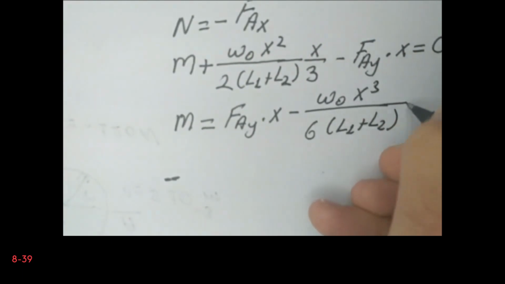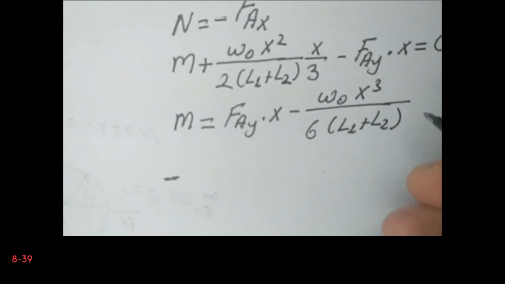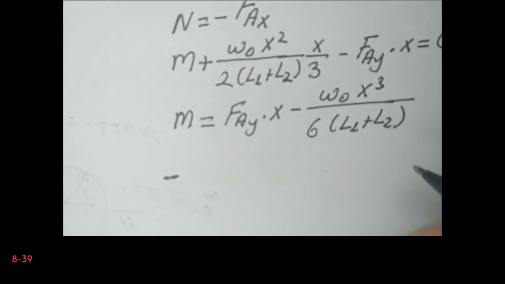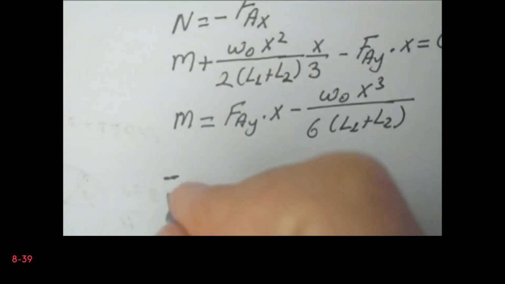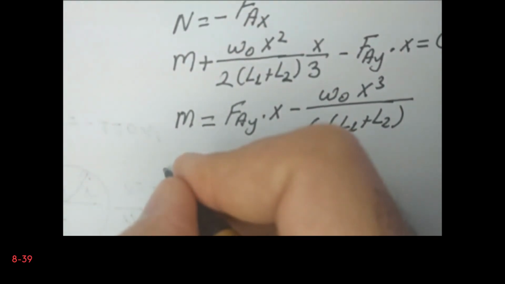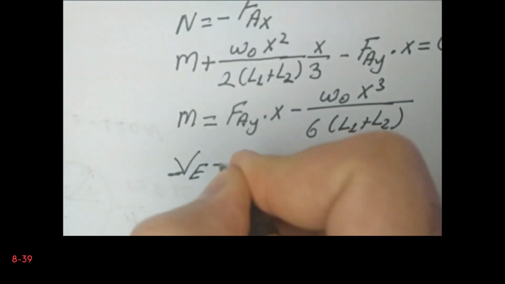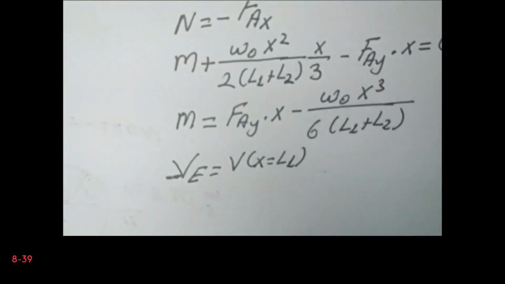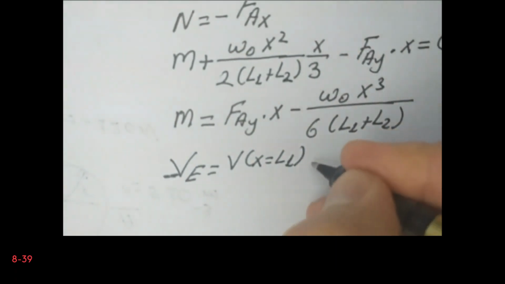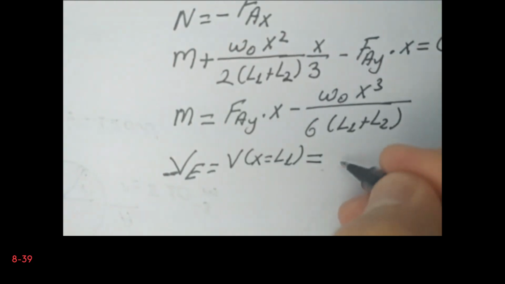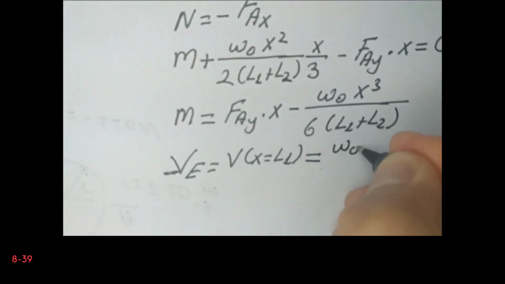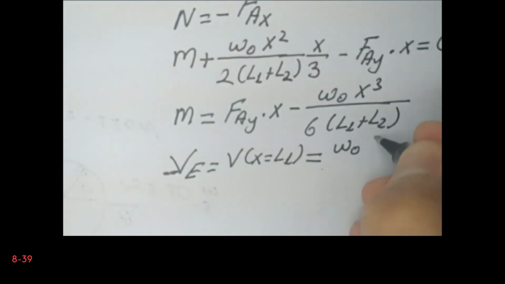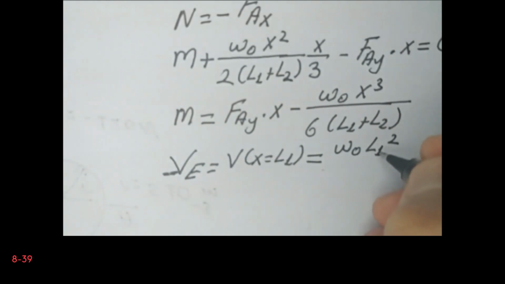So from here we can easily calculate the values acting at the cross section E. So VE is equal to V at x equal to L1, and that's equal to W0 L1 squared divided by 2 (L1 plus L2) minus Fay.